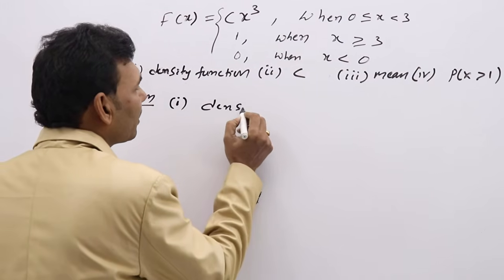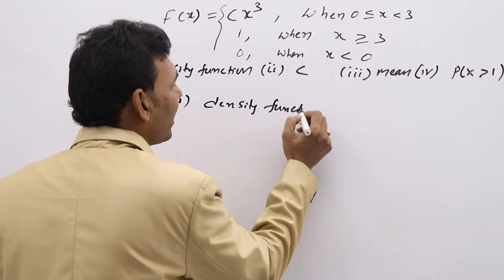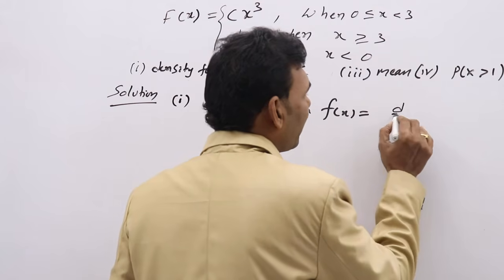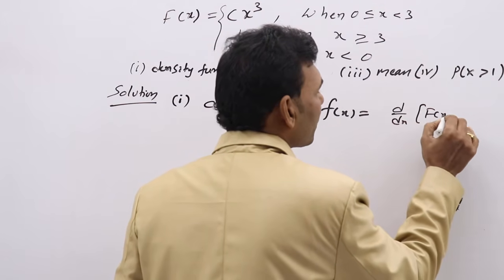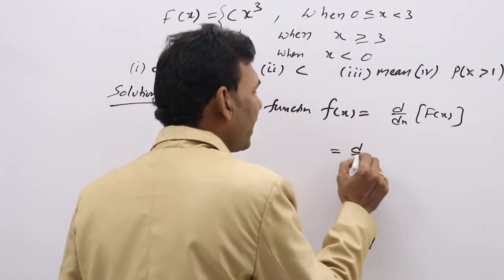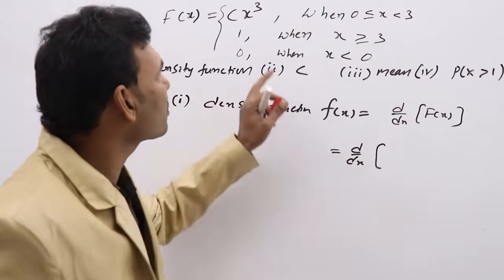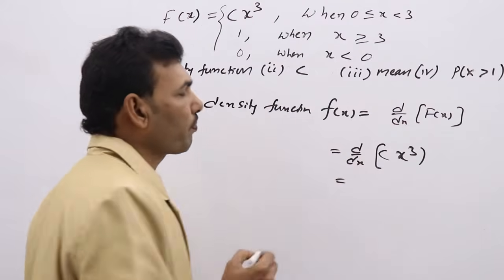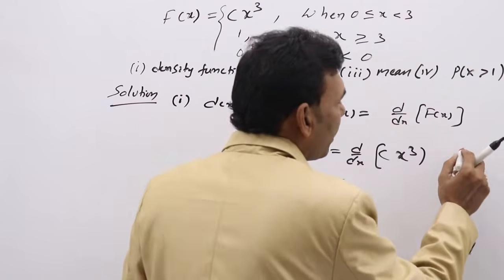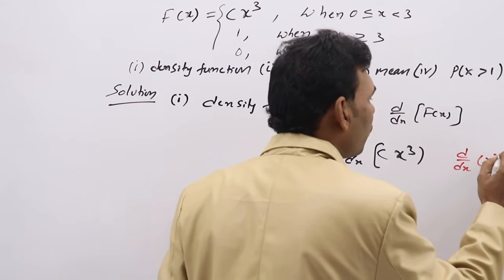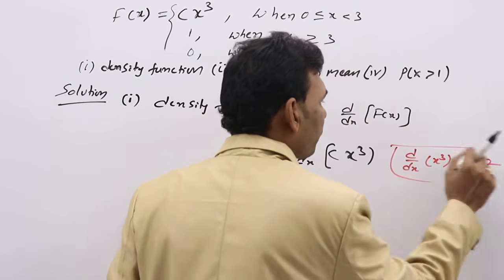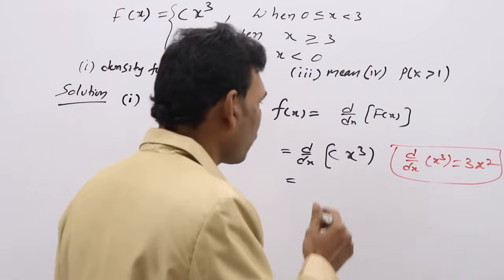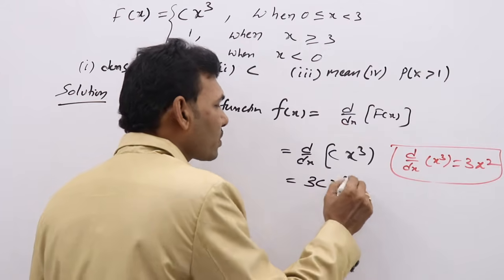We all know that the density function, which we represent as a lowercase f of x, is the derivative of the distribution function. So d by dx of, for the non-zero case first, cx cube. Differentiation of x cube, d by dx of x cube, is 3x square. The differentiation formula for x power n is n into x power n minus 1. Using that, you will get 3cx square.